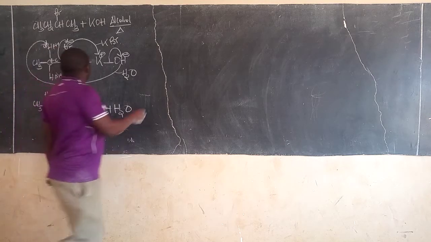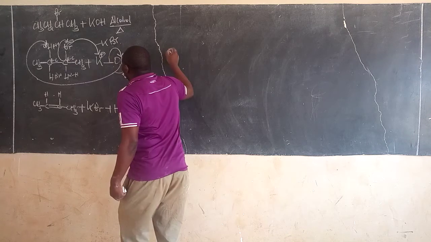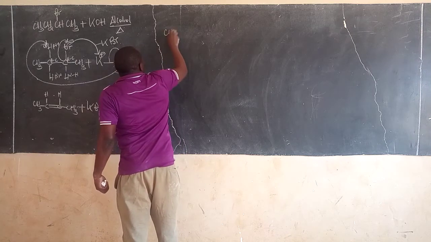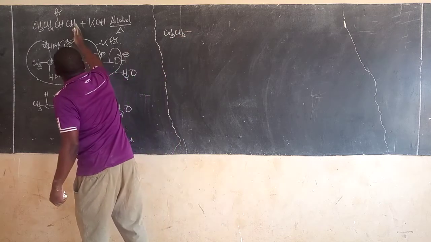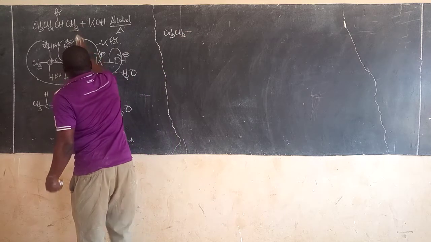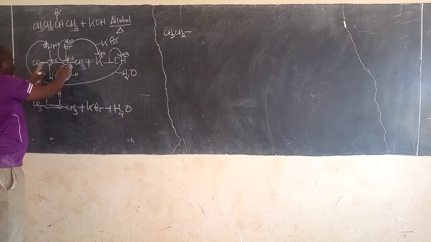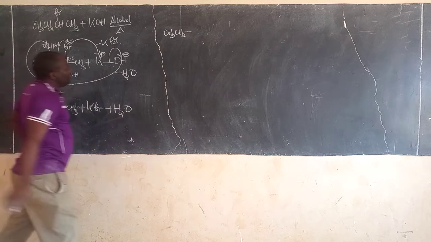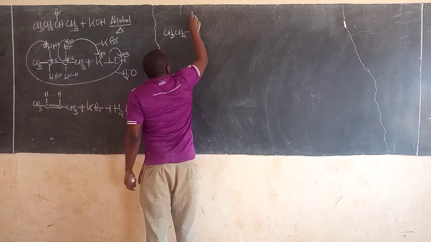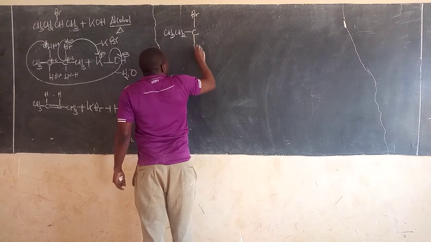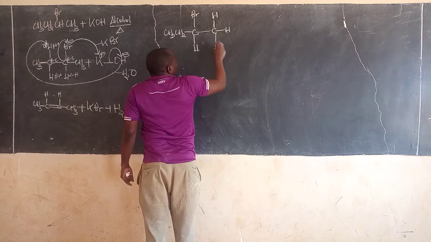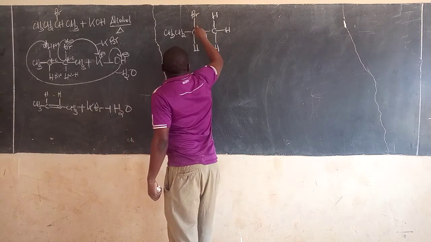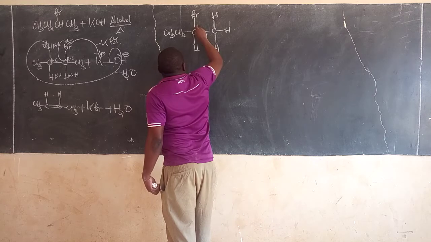Second stage, we are going to deal again with another beta carbon. This time around, we are going to deal with this beta carbon from our right hand side. Previously, we have seen the beta carbon from our left hand side. So here, carbon, bromide. Again, this is a functional group bonded to this carbon, which is an alpha.